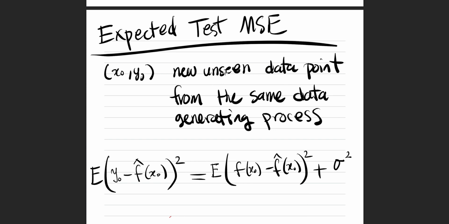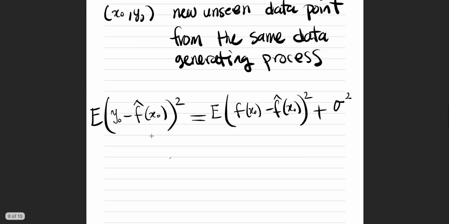It's new, it's unseen, but it comes from the same data generating process as the rest of the data. Okay, so that's the essential assumption. We showed that this can be decomposed into two terms. One is the irreducible error, and the other part has to do with how close f hat approximates f.